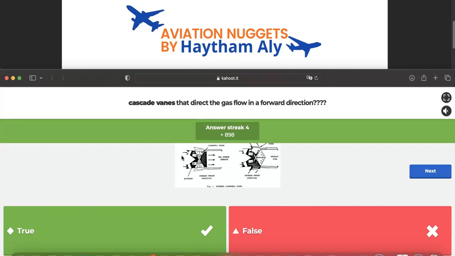Each cascade vane segment has a certain angle to direct the fan stream forward, but it must be away from important components of the aircraft, like the landing gear components, the wing, the fuselage, and the cabin.